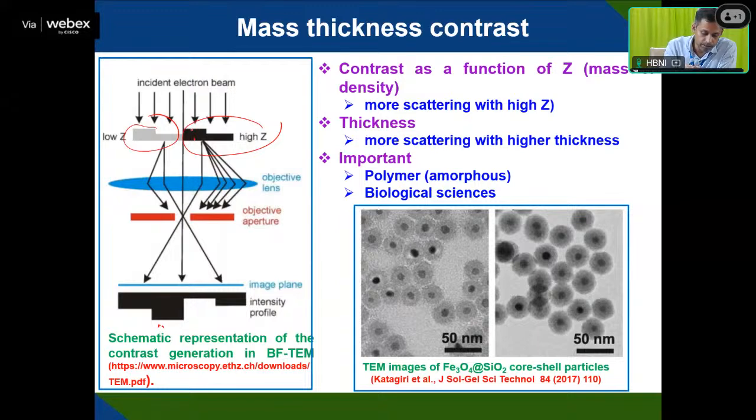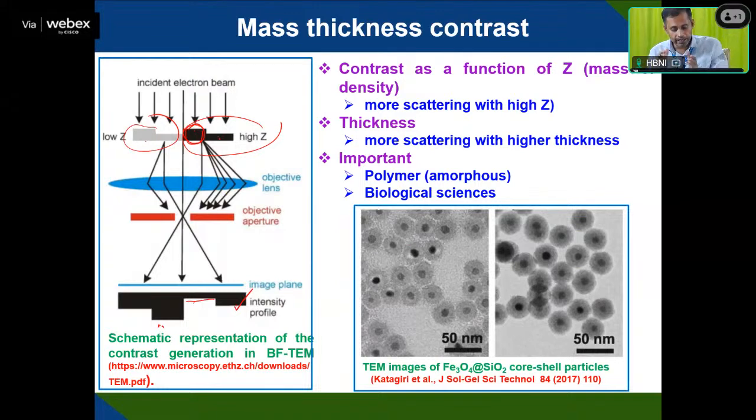The thickness is also high here, and with the high Z, the transmission is less, so you get this image with less transmitted beam, and here it is high. Here the thickness is less, so you get this type of image. Similarly on the opposite side. So depending upon the thickness as well as the Z variation, you are able to see the mass thickness contrast in the TEM image.